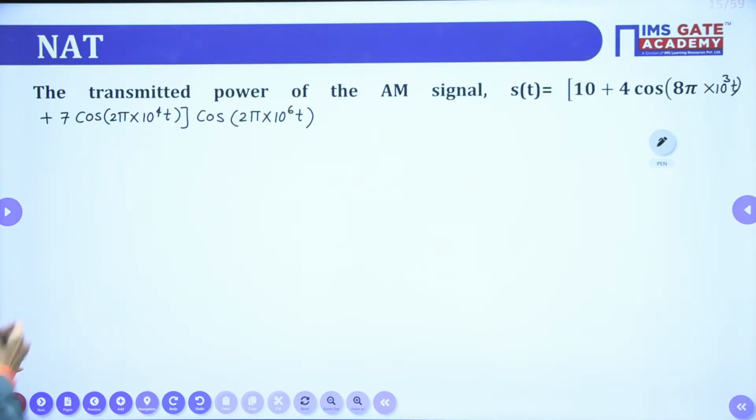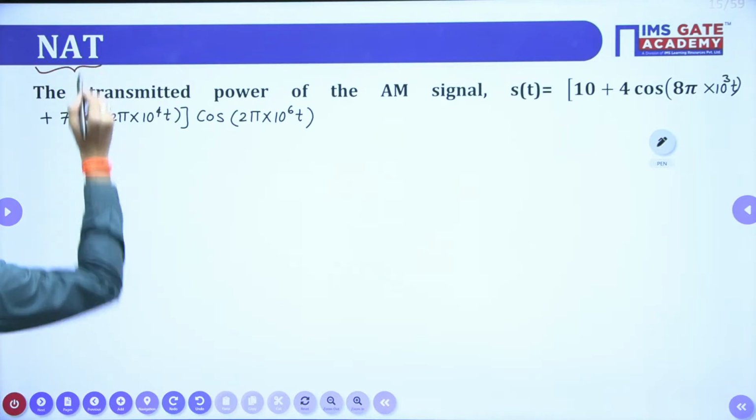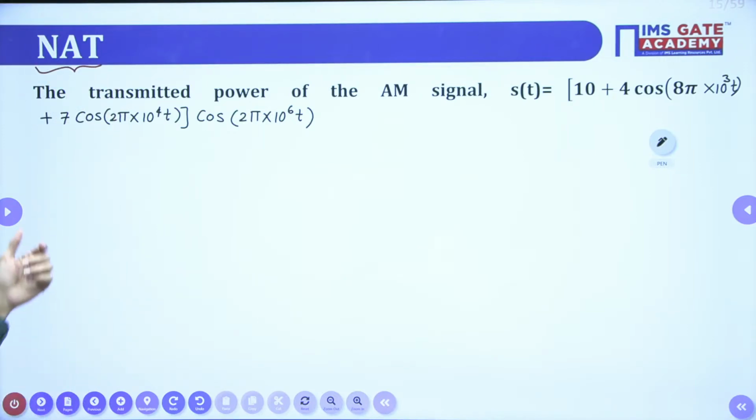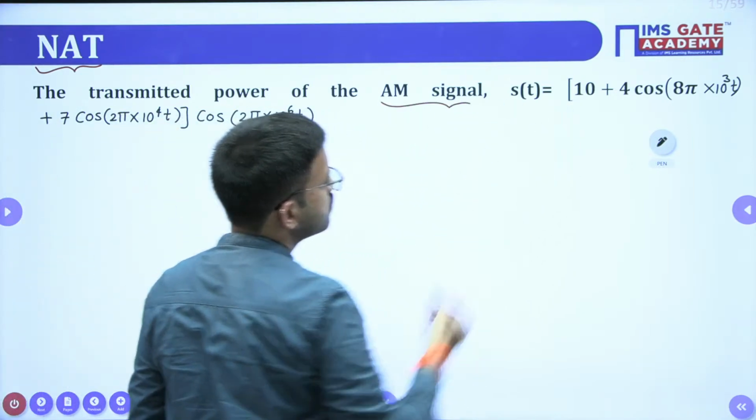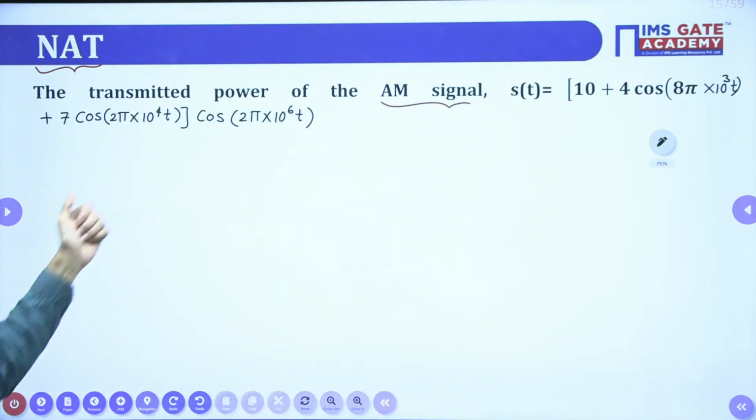This is the NAT question. That means the answer will be a number. They are asking the transmitted power of the AM signal. They have given the AM signal, and for that they are asking the corresponding transmitted power.